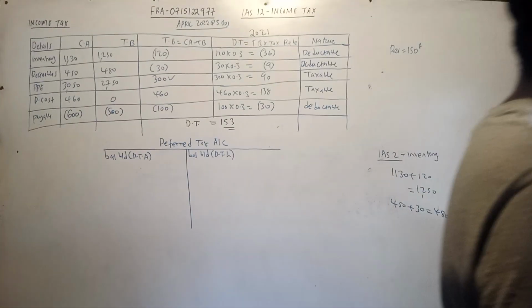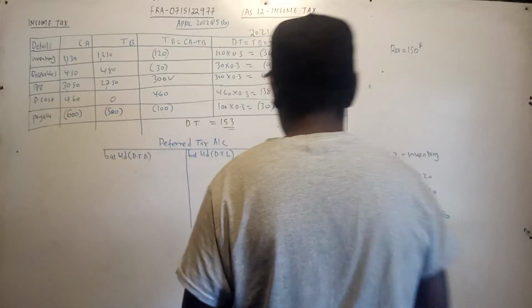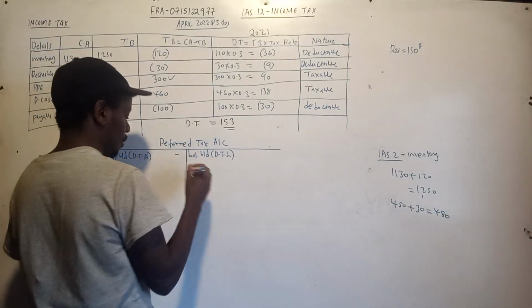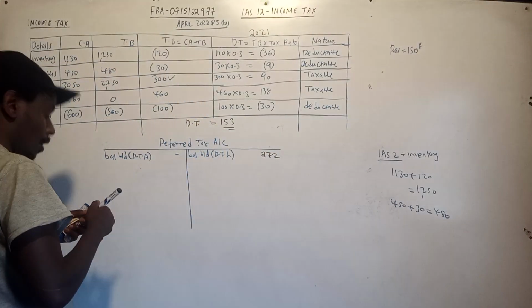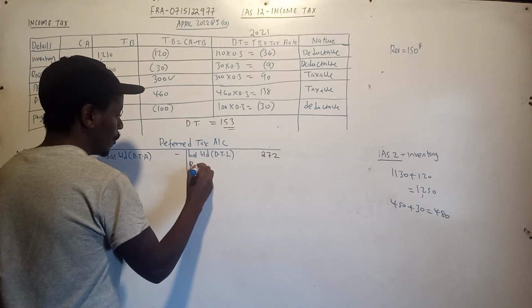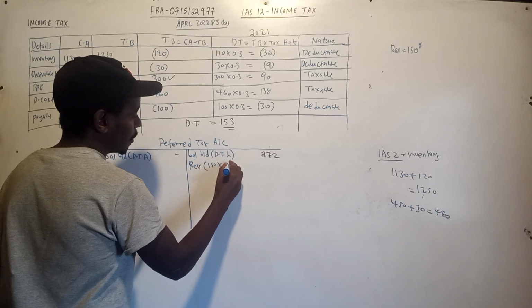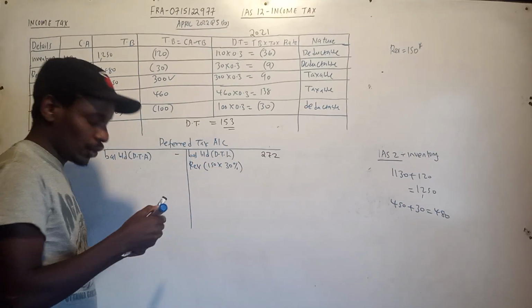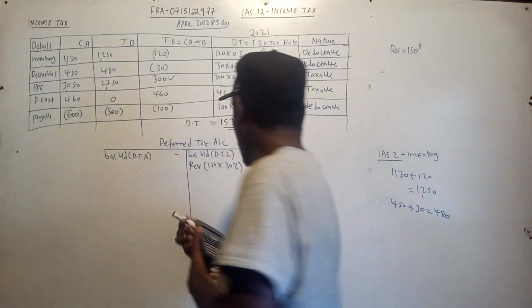Now, from the question, information number 6, the deferred tax liability was 272 million. So we know it is 272 million. So it's a liability. Now, we did not consider the revaluation, so we shall consider it now here. The revaluation was 150 times 30%. So we had not considered it. Now it is time to consider it. So 150 times 0.3, 45.